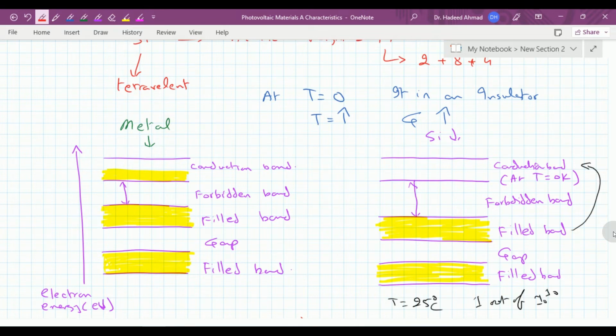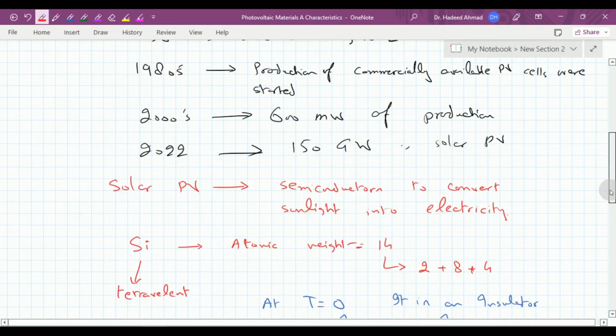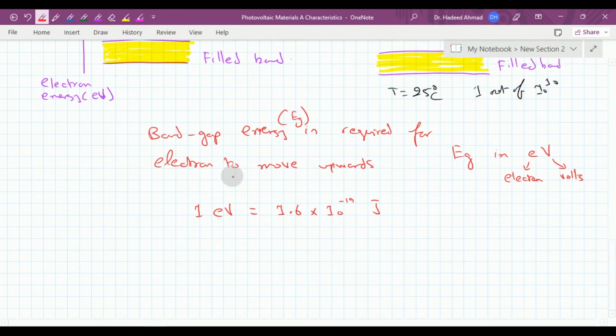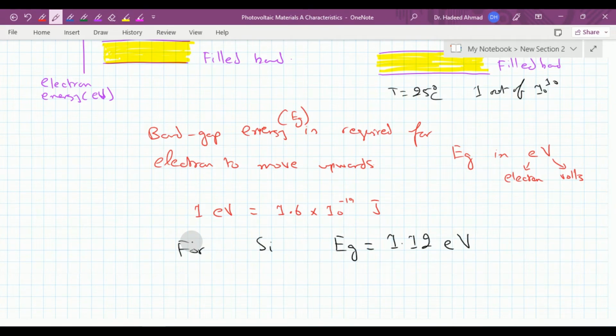So the band gap energy for silicon, because we are discussing silicon here, the band gap energy requirement is 1.12 electron volt.